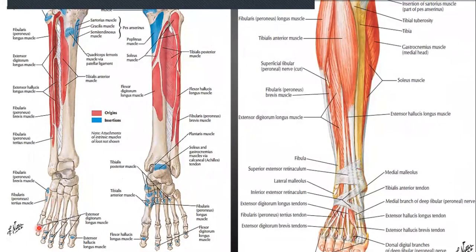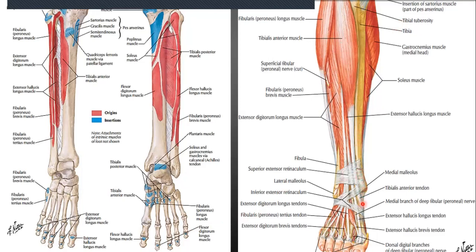And you can see this is where the four tendons of extensor digitorum longus will insert. Then also the extensor hallucis longus will insert here, the distal phalanx of the big toe.